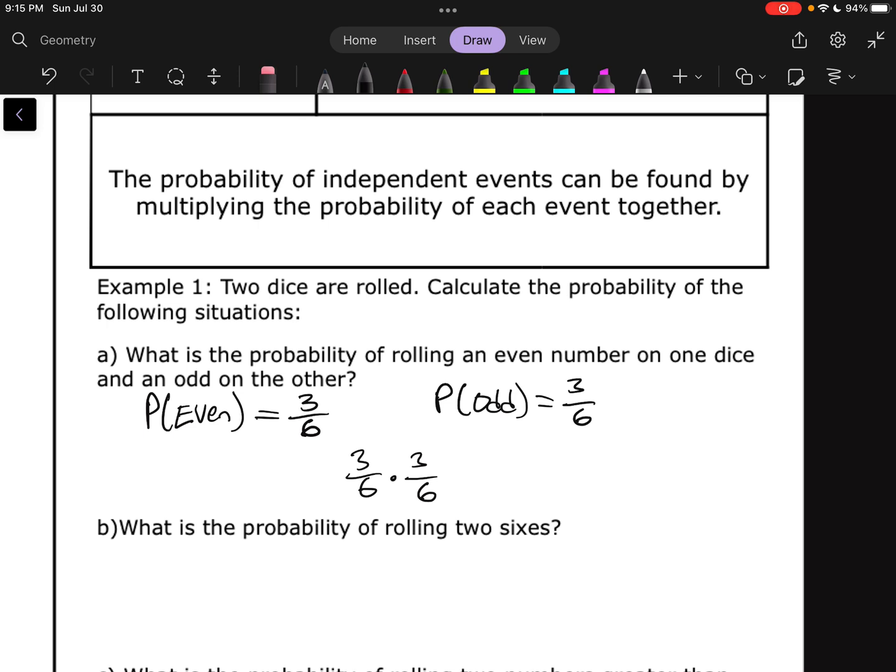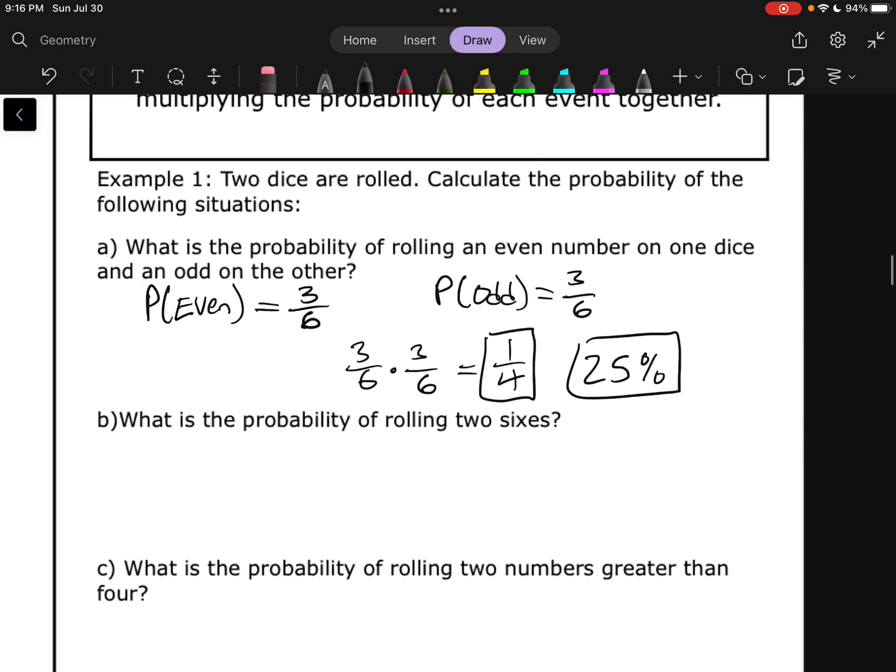Yours may not. Mine is giving me 1 out of 4 as my simplified fraction, which would be as a percent, 25%. Sometimes you may want to get it as a simplified fraction. Sometimes you may want it as a percent. Both of those are valid ways of writing your answer.